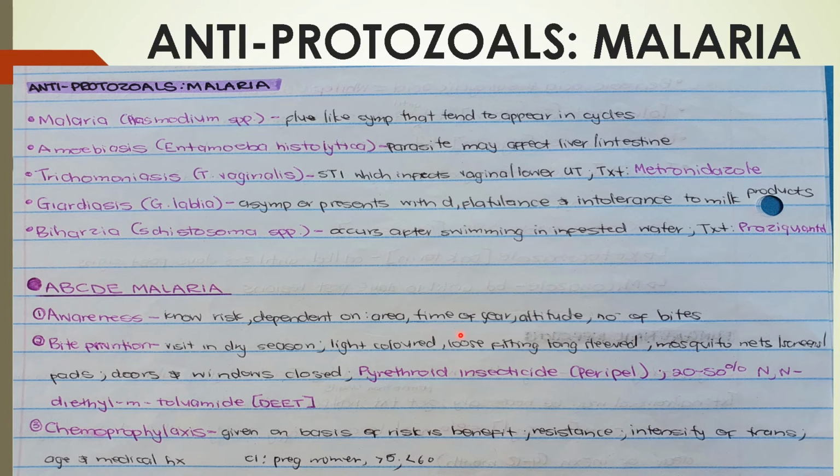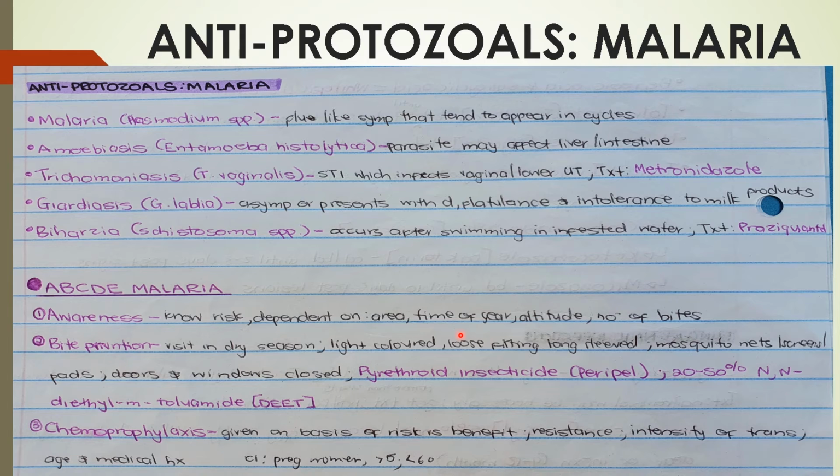Cool. Examples of these insect repellents would be pyrethroid insecticide. It contains 20 to 50% N,N-diethyl-m-toluamide. Don't really worry about the details. It's also known as DEET.